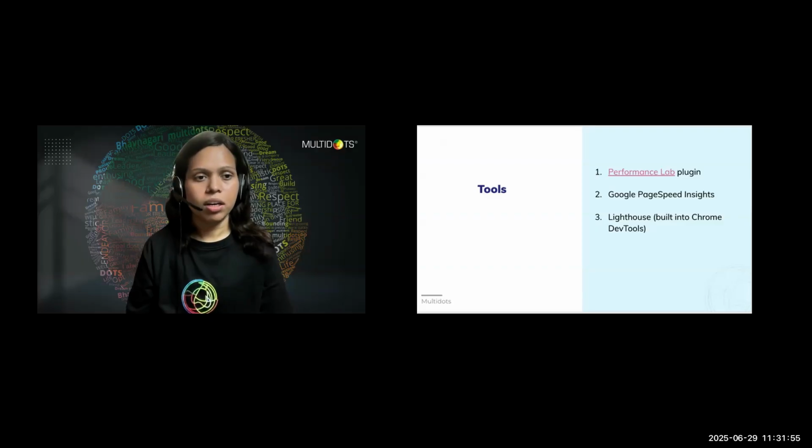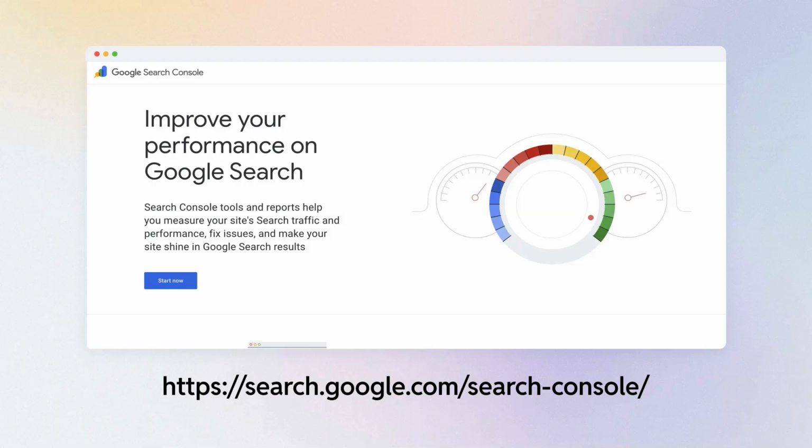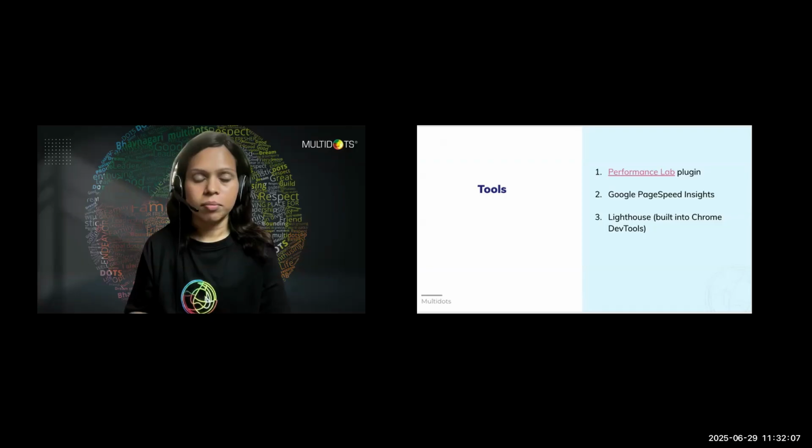There are other tools which will tell you the current speed at the moment. Google Search Console also lists out the poorly performing pages which need improvement. You can concentrate on those pages so that the overall web page speed and overall user experience on the website is improved.